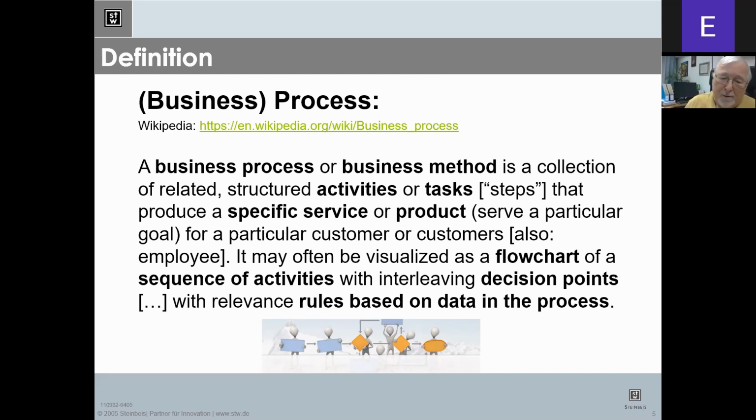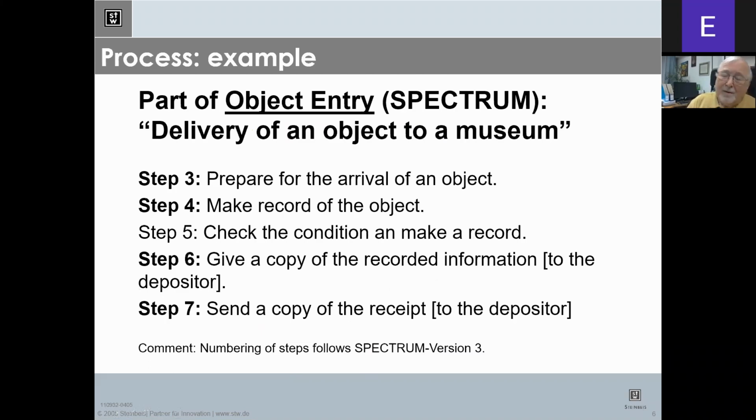So we have sequences of activities and we have decision points where a sequence can be interrupted. And then we have already rules in this process. If you look below here, you have a process, the next process, so you have a decision point here, do something else, a next decision point, and finally we stop here. And we'll come to this more in detail later.